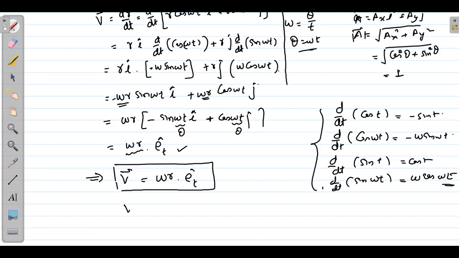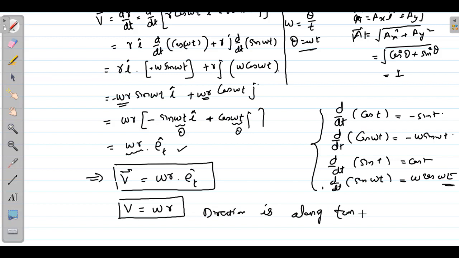Its magnitude is v equal to omega r, because a unit vector has magnitude 1, so the magnitude of v is this, and the direction is along the tangent always. Velocity will always be in a tangential direction. So we have found the velocity in terms of unit vector.